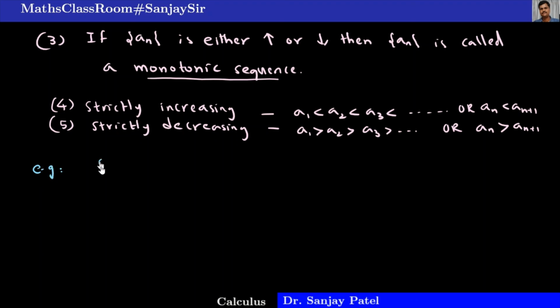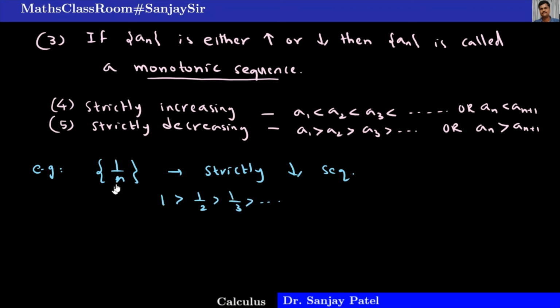For example, if you consider the sequence 1 upon n, it is a strictly decreasing sequence. Because 1 is greater than 1 upon 2, 1 upon 2 is greater than 1 upon 3 and so on. These are the different terms of this sequence, as you know, and it keeps on decreasing.